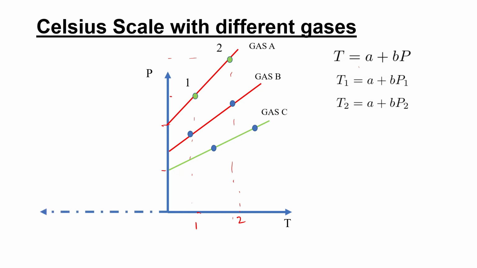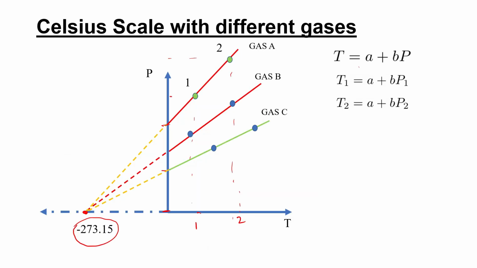Now see, if you extend these lines, that means when the pressure is zero, they will all meet at a common point. And this is minus 273.15. Its value is minus 273.15.